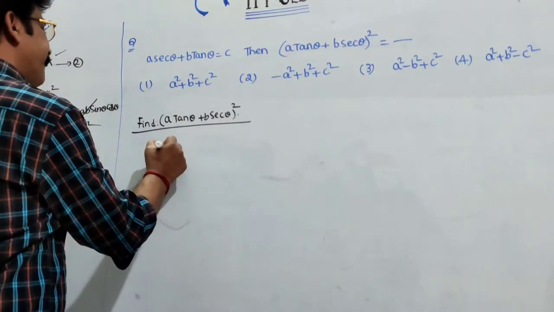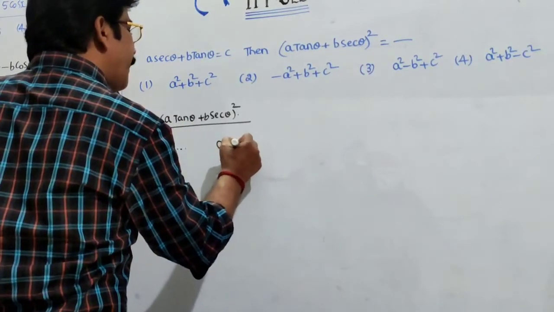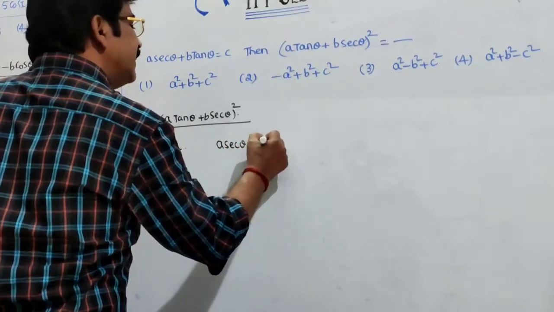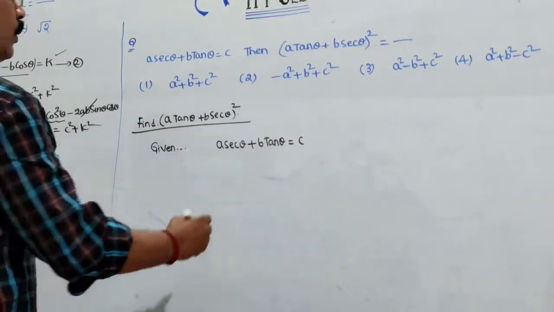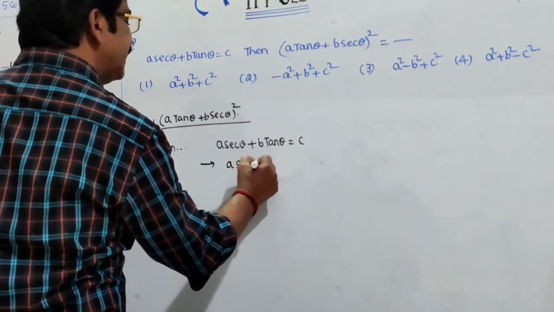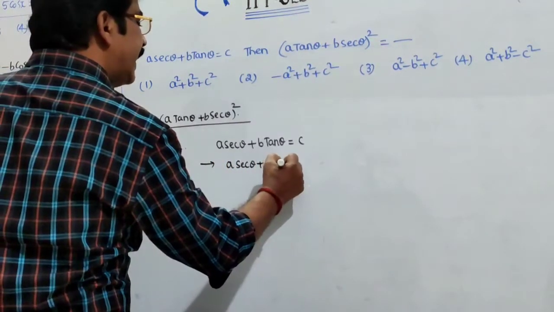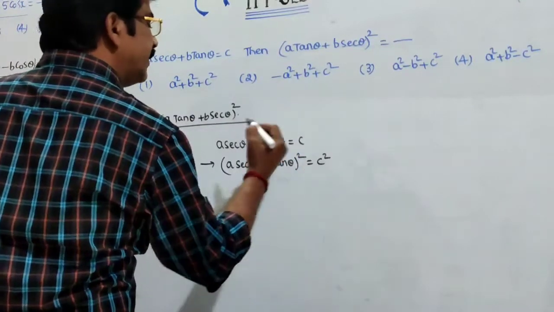Given that a secant theta plus b tan theta is equal to c. So let us take squaring on both sides. It is (a secant theta plus b tan theta) whole square, that is equal to c square.